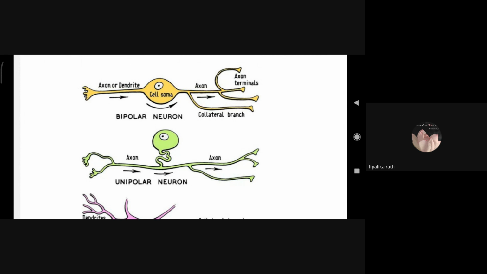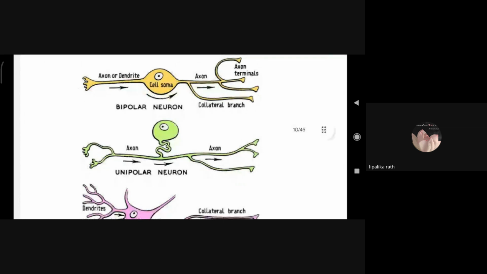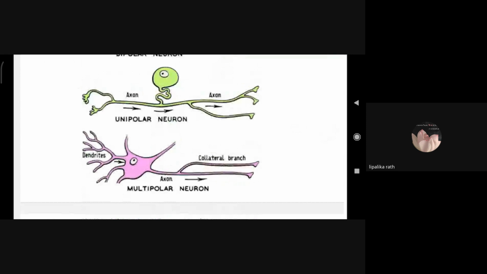Means they will either conduct towards the central nervous system or towards the peripheral nervous system. And multipolar neuron, you can understand by the word multi, that it can conduct in multiple ways. There is no problem, and when needed they can go in any direction.